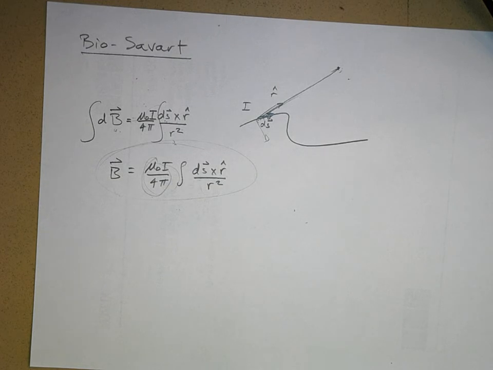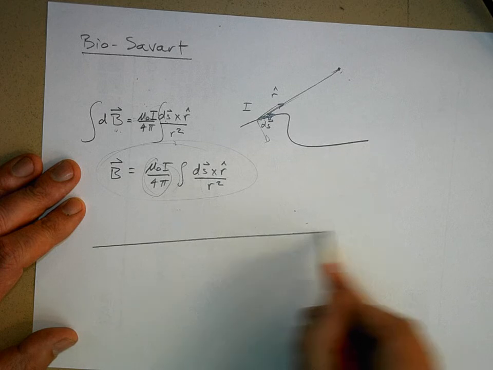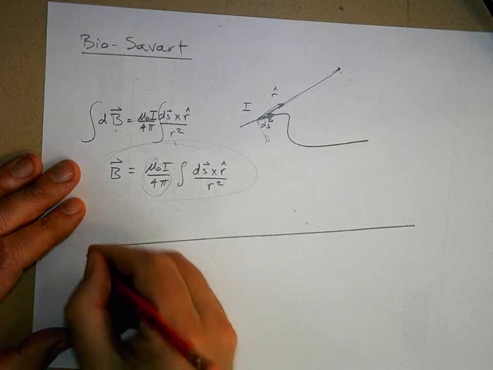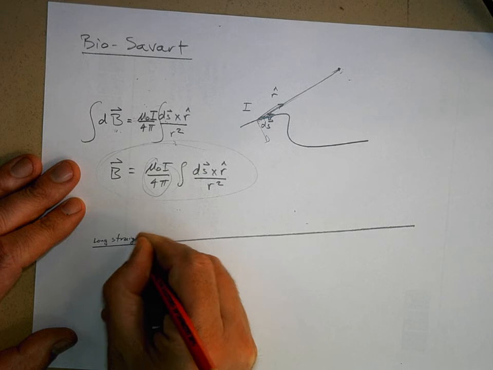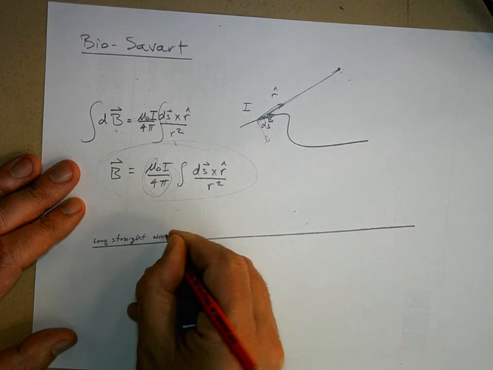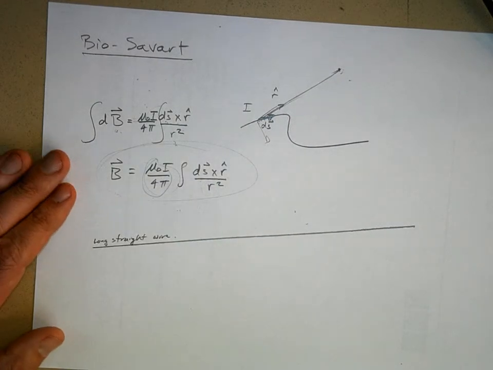There were a bunch of examples we used in the book where you derived expressions, but the one that is used the most, that you should memorize, is: what if you have a long straight wire? Well, we used the Biot-Savart law to do it.